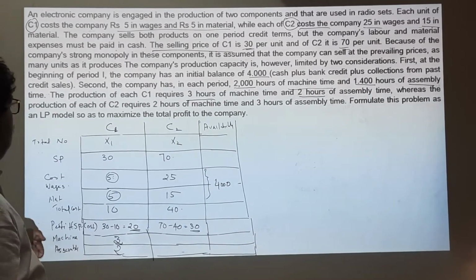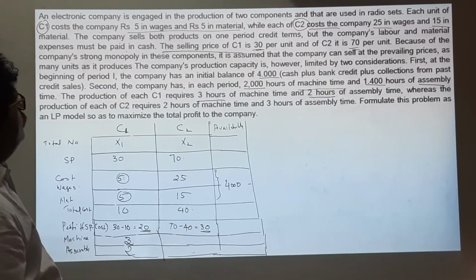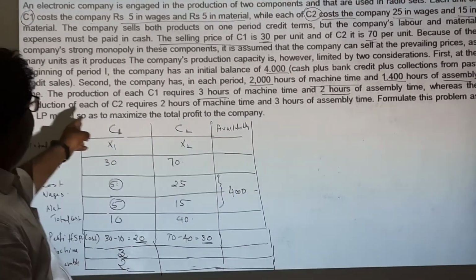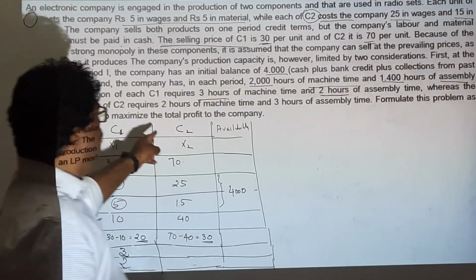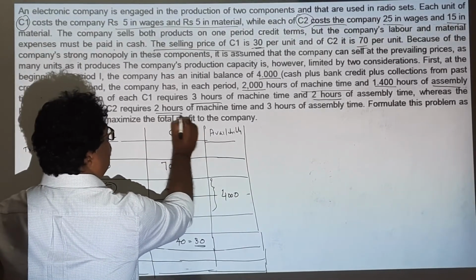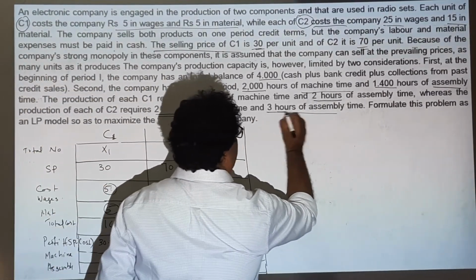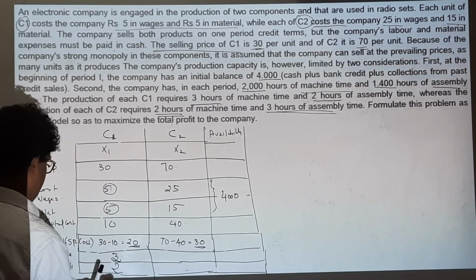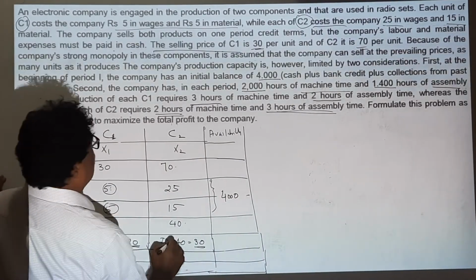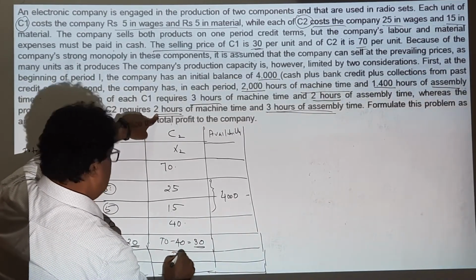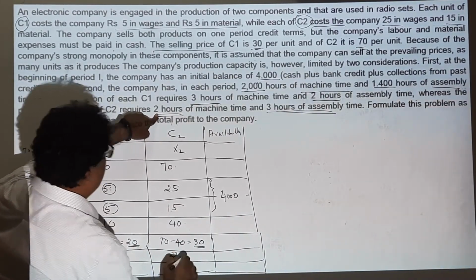And what about C2? C2 requires 2 hours of machine time and 3 hours of assembly time. Correct, no? So here it is 2 hours of machine time and 3 hours of assembly time.